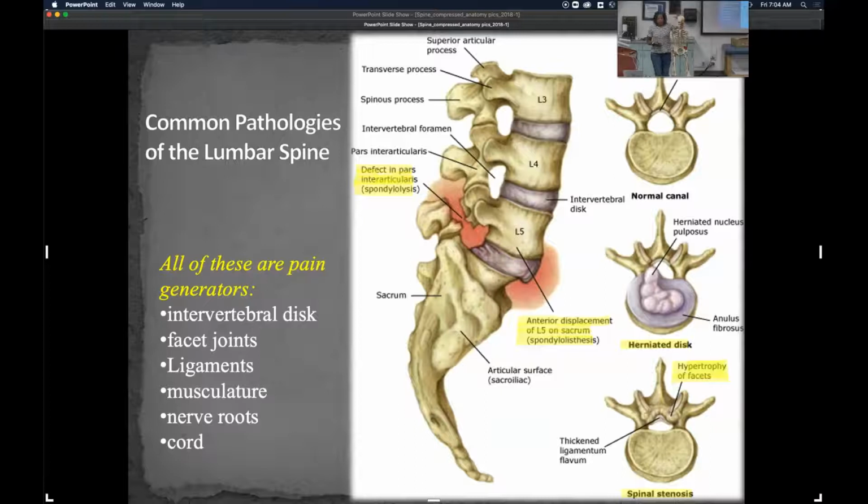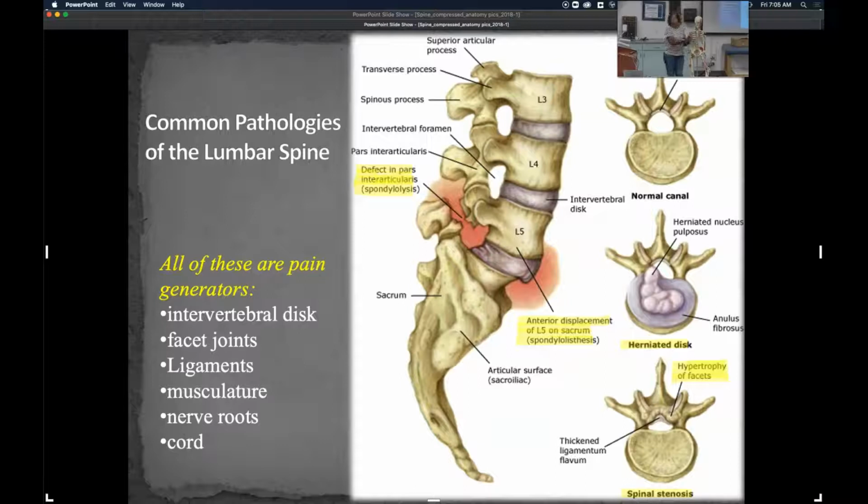Okay, so common pathologies for the lumbar spine are going to be, number one, intervertebral disc, right? So we just talked about the disc a second ago. Could it be that our major shock absorber is compromised? Could it be that the annulus fibrosus is torn? Is it that the nucleus pulposus is actually leaking out?